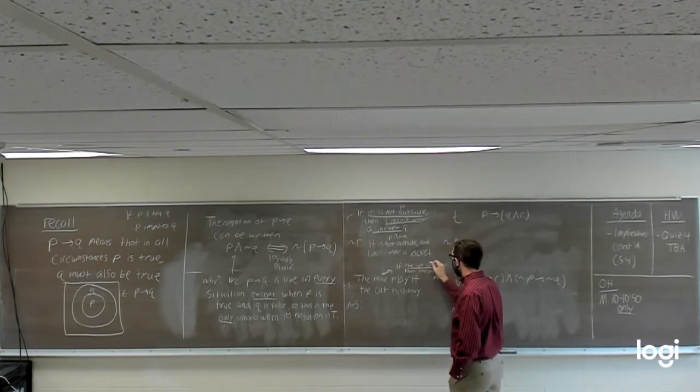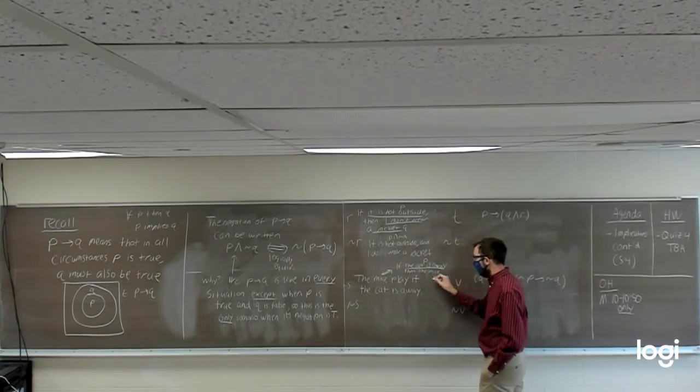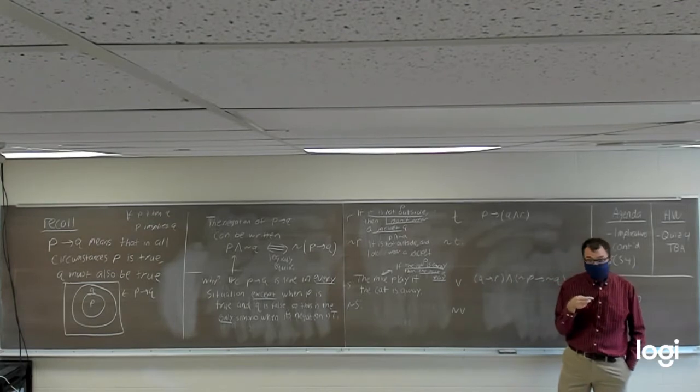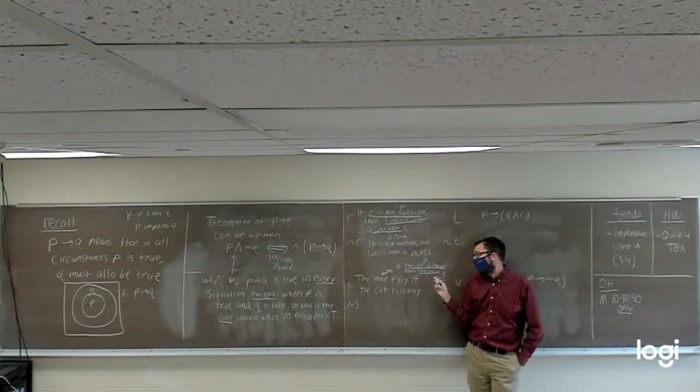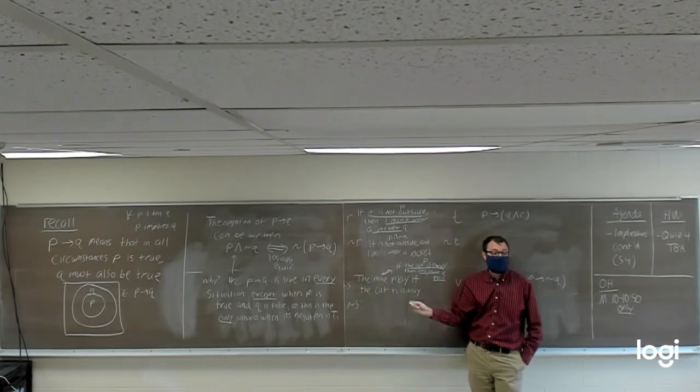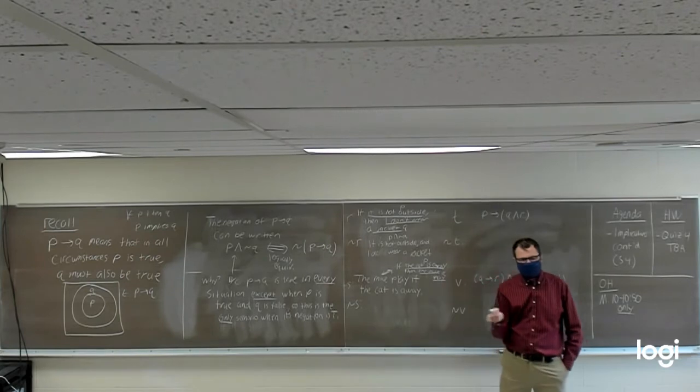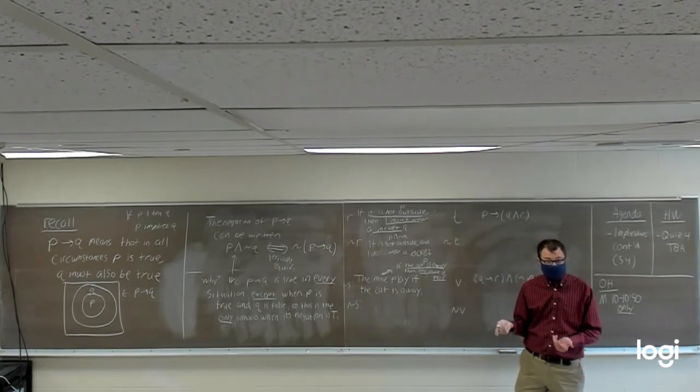So our P statement is actually the cat is away, and our Q statement is actually the mice play. Even though I wrote this statement in a way in which the Q actually appeared before the P. It's because the P is not necessarily whatever comes first in the statement, it's the part that's following the if.